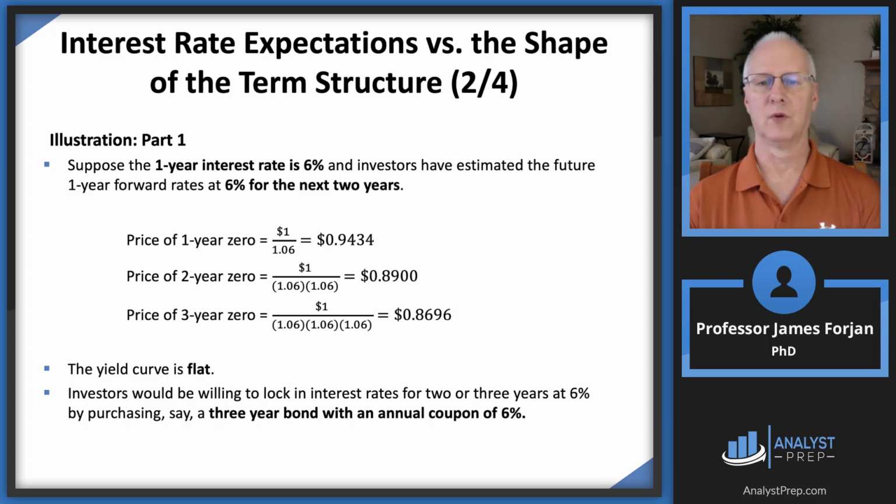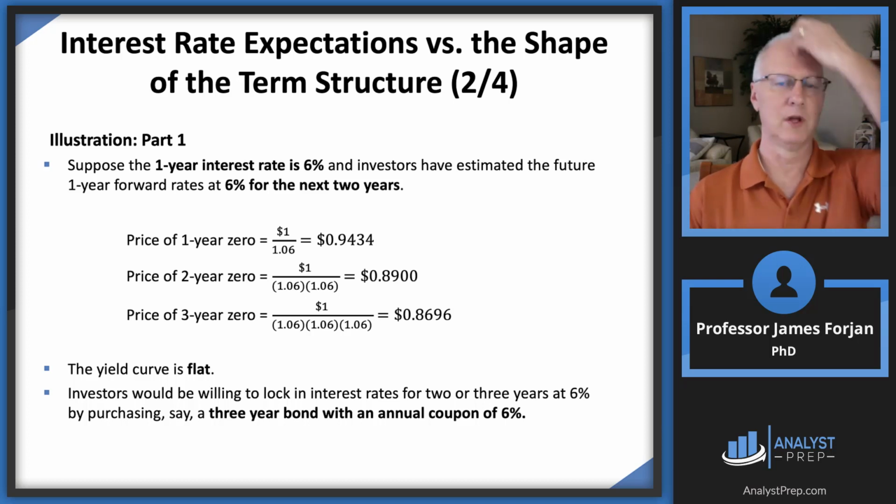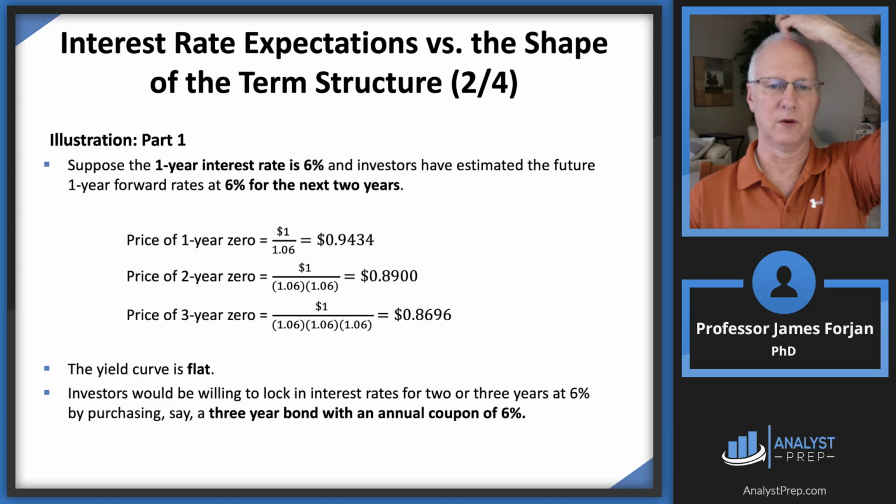And notice there's a $1 in the numerator, so let's just pretend that this zero coupon bond matures for $1. The price of the 1 year and the 2 year and the 3 year are just those discounted values. So 94 cents and 89 cents and 86 cents. Of course, that should make perfect sense just from regular old time value of money stuff that we learned way back, maybe even in high school, right?